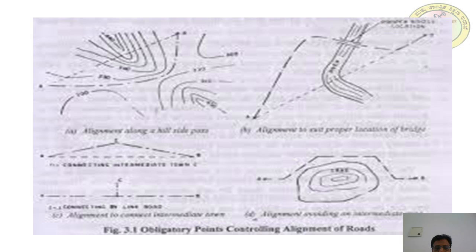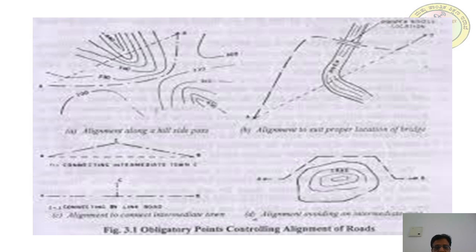You could have directly connected from A to B. Instead of that, what you have done is connected the intermediate city C and then come to city B. The other way is you can directly connect city A with city B, but you provide a one link road from city C to this alignment.